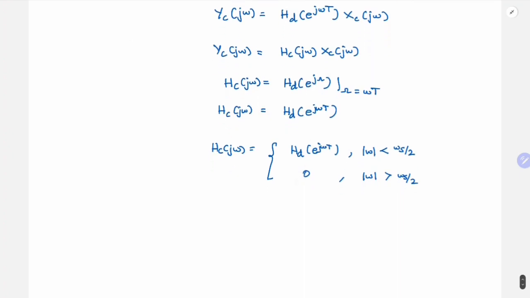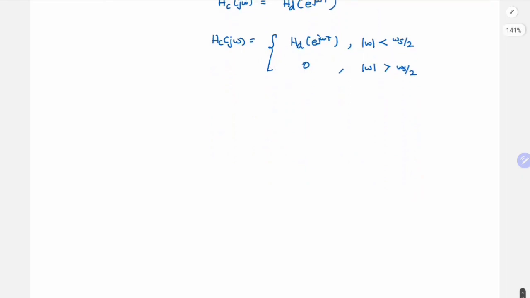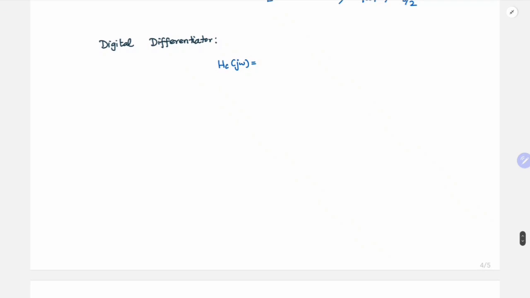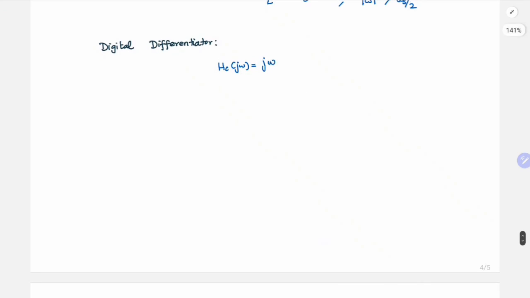Okay, moving on, we will next see an example of this, what is called the digital differentiator. We know that differentiation we can do in the continuous time domain directly, and for that my Hc of j omega, the transfer function, will be j omega itself, right?